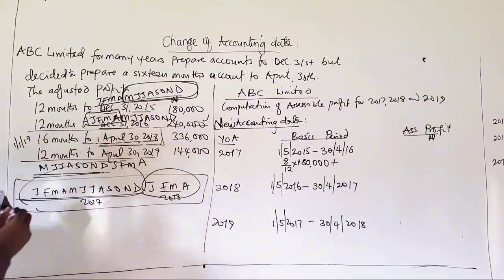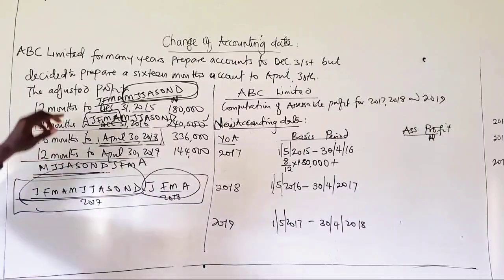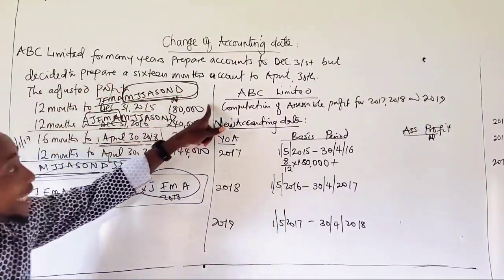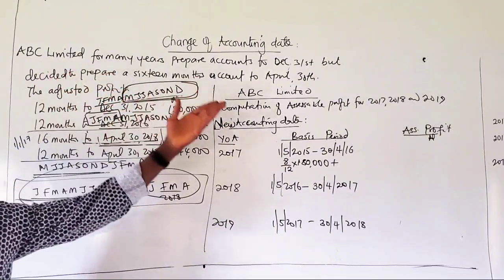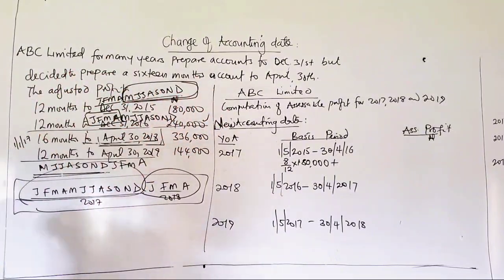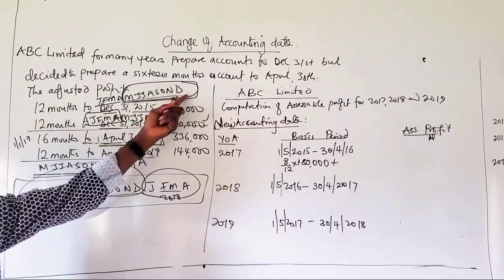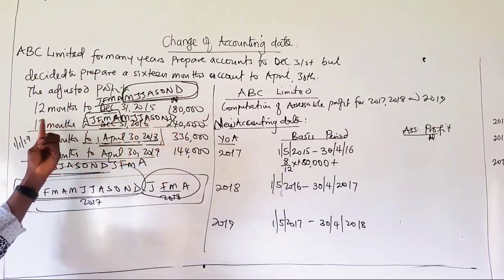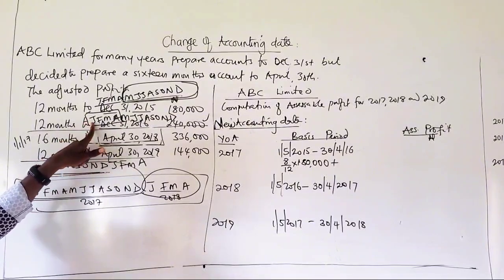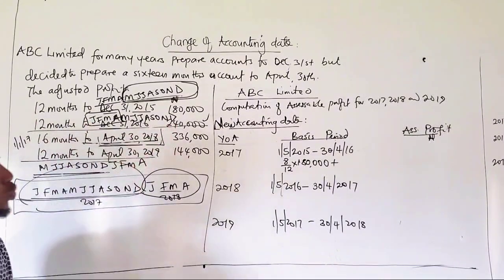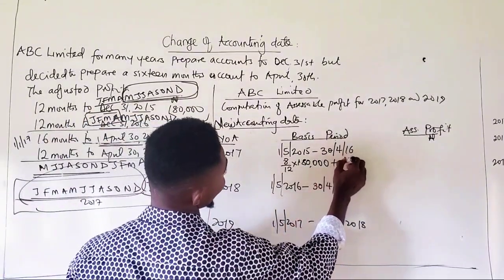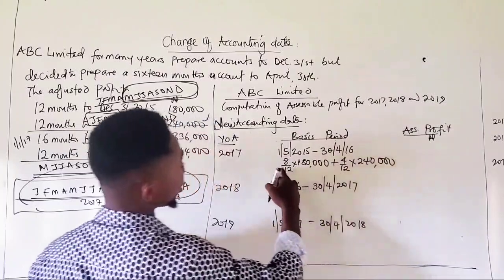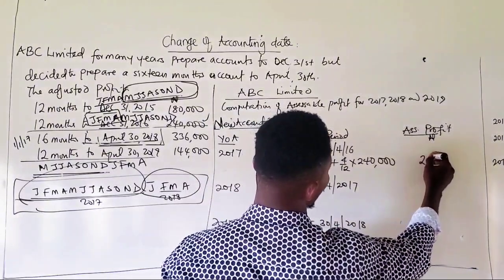They give us January to December here as 180,000, and in this 180,000, it is only the profits that relate to the period we calculate for, which is from May to December, 8 months. Then January to April 2016 falls in this second period. 4 out of 12 times what? 240,000. This will give us a total of 200,000.